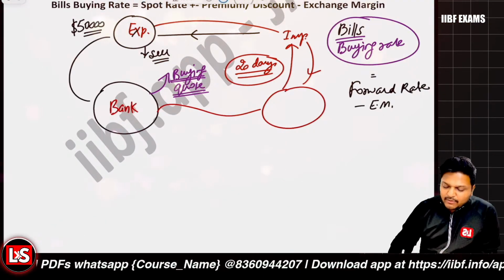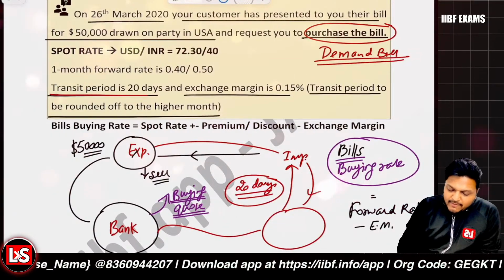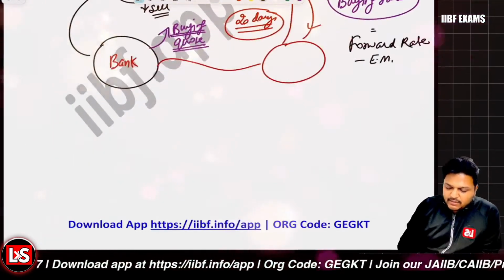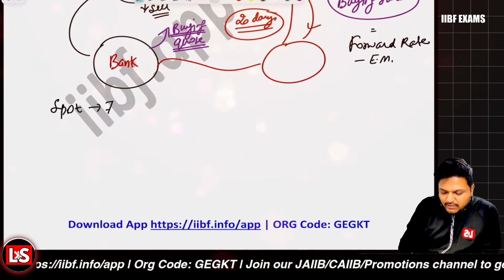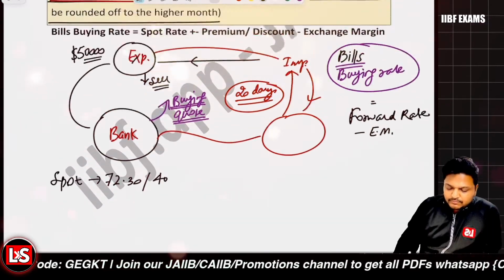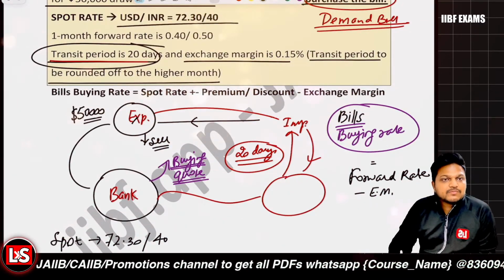And how can we calculate the forward rate? Spot rate plus minus premium or discount. So here we are provided with the spot rate. The spot rate is given to be 72.30/40, and transit period is given to be 20 days.